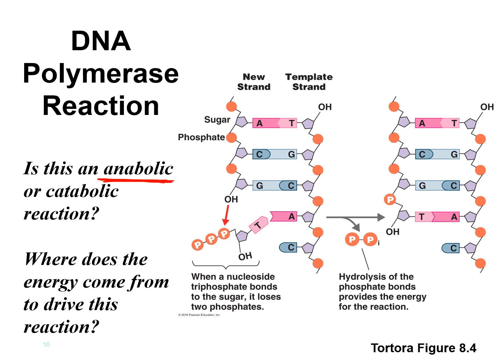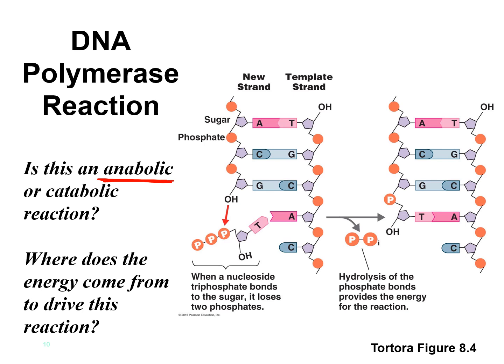And because this is an anabolic reaction, this is an endergonic uphill reaction. We've got to put energy in to get this reaction to go. So looking at this picture, do you see anything here that would supply the energy to make this reaction go, to drive it up the hill?